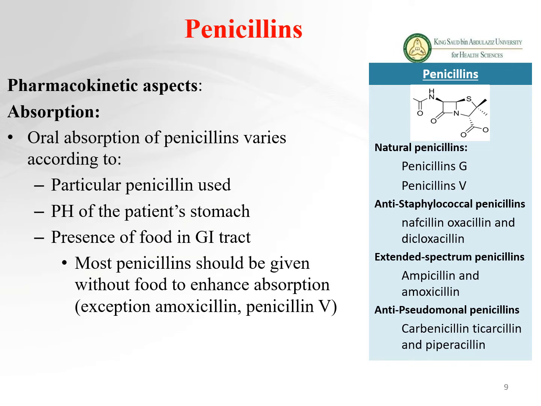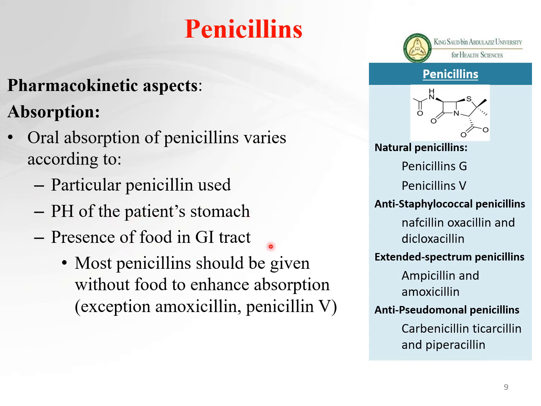Now, pharmacokinetics varies for different types of penicillins. If we start with absorption, the oral absorption of various penicillins varies according to the particular penicillin used, so every one of them has a different bioavailability. The pH of the stomach is important because these drugs are destroyed by gastric acid.